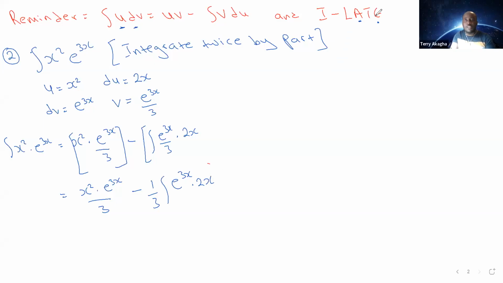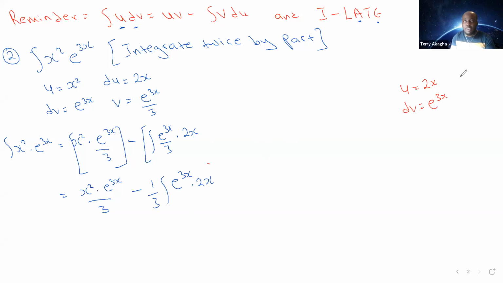So exponential and algebra. That means in this case, our u is going to be 2x. Can you see? Our exponential and algebra. So our u is going to be 2x, and our dv is going to be exponential 3x.